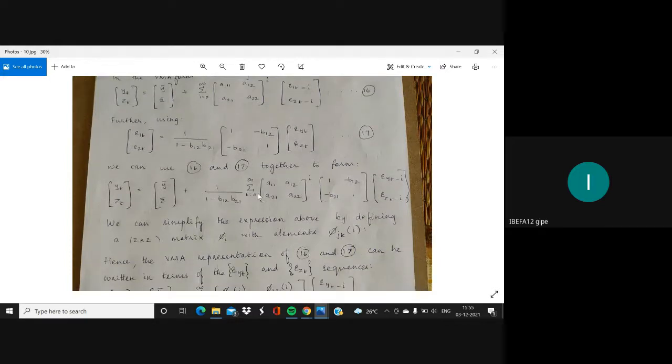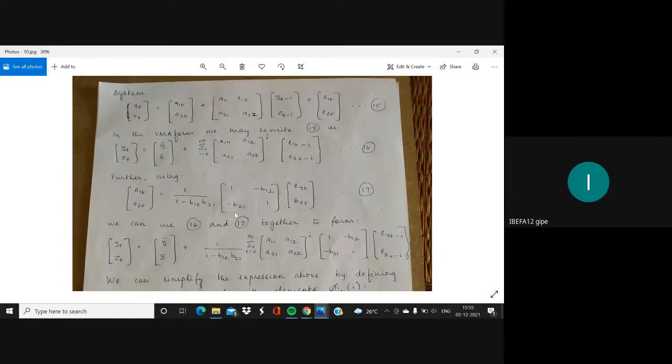I hope this is clear to you all. Any doubts or questions? It's just a manipulation. Just go through equations 15, 16 and 17.